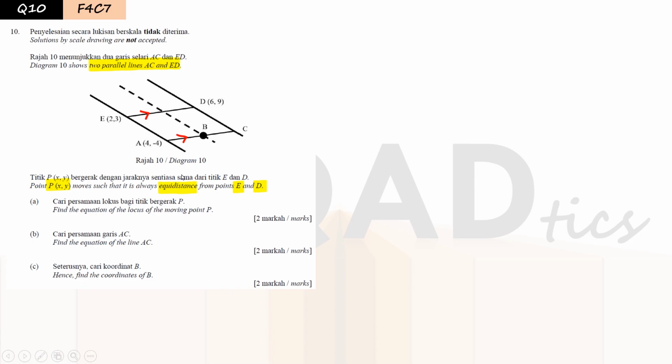Okay, so if you don't really understand what is equidistance, you can always look at the BM version, jaraknya sentiasa sama, which means that this point P has an equal distance to E and to D. Okay, so one of the examples of point P can be the midpoint between these 2 points, right? Which is somewhere here. As you can see, the distance to E and to D is the same.